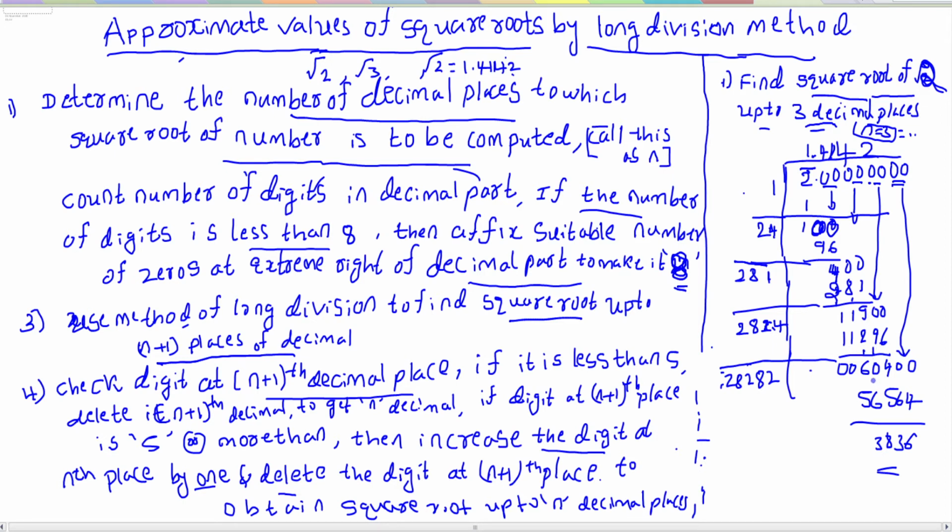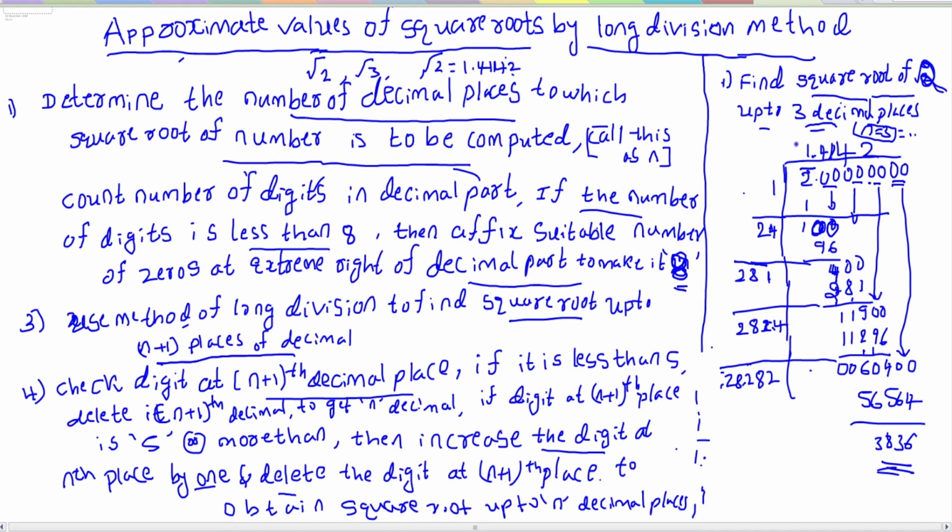You subtract, you get 604. Bring down the last period. Next double 1414, it becomes 2828. We fix the next digit 2 with this, 2828 into 2 becomes 56564. The remainder is 3836.